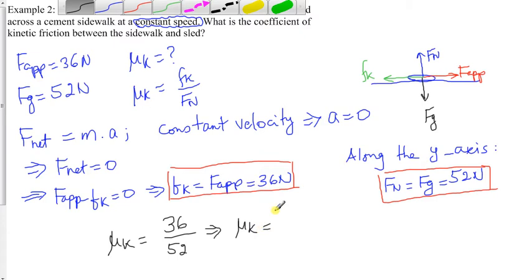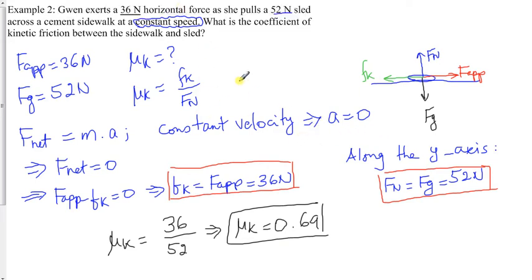Mu k is equal to, give me 1 second, I calculate it. 36 divided by 52 is 0.69. This is mu k. Alright? So here, constant speed actually is the key to solve the problem.